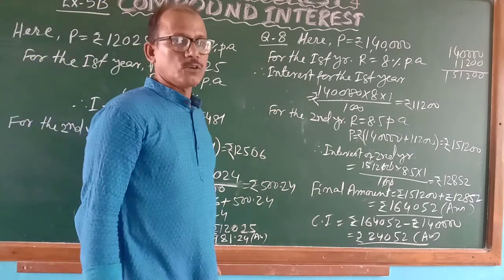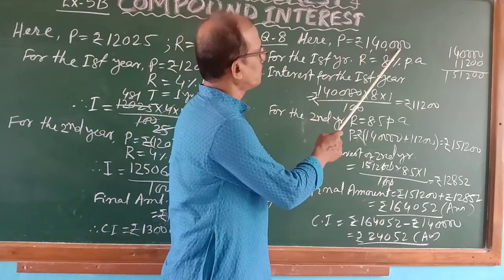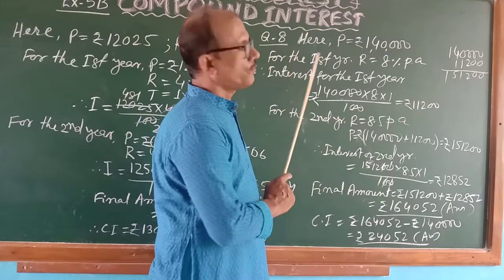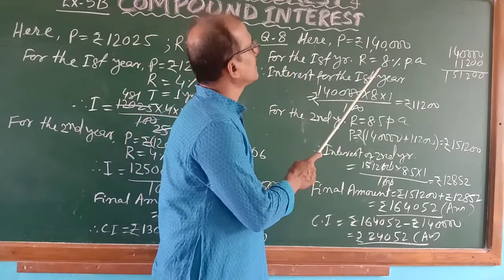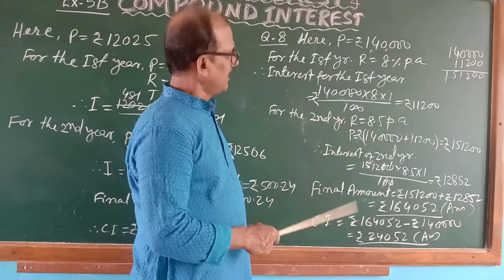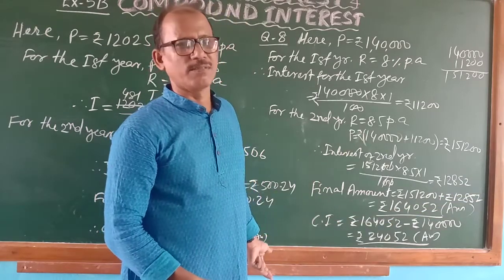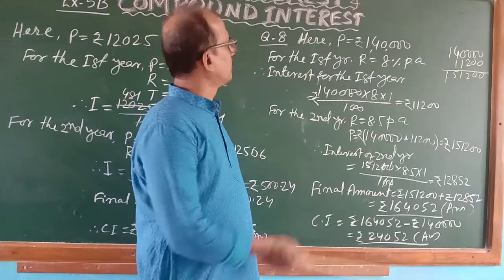Okay, I have taken question number 8, where the principal value is 1,40,000 rupees. For the first year, the interest rate is 8% per annum, and for the second year, the interest rate is 8.5% per annum. So different rate percentages are given. The rest of the calculation is the same. Let us calculate the first year.